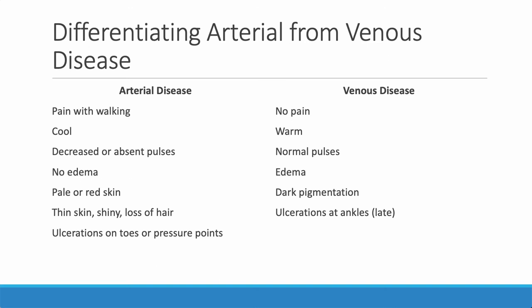But because of some obstruction to flow, whether it's obesity or some other reason, frequently it's obesity, there is an impediment to flow getting back to the heart. Well, the blood has to stay somewhere, and it just stays in the distal extremities. So again, painless, warm, normal pulses, edematous, you'll see dark pigmentation, and late in the disease, you can have ulcerations that are also painless at the ankles, either in the medial or the lateral aspect of the ankles.